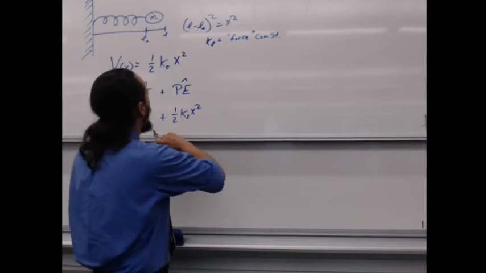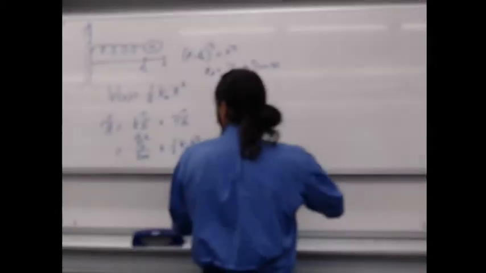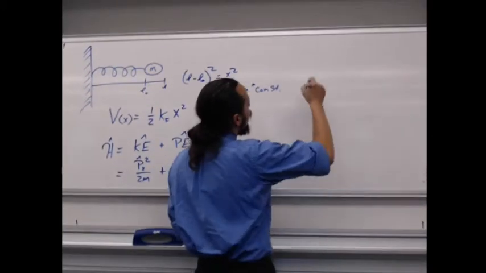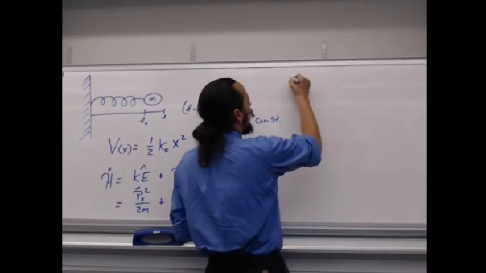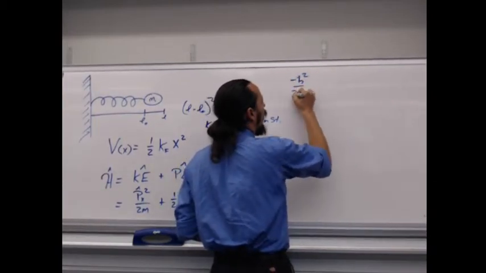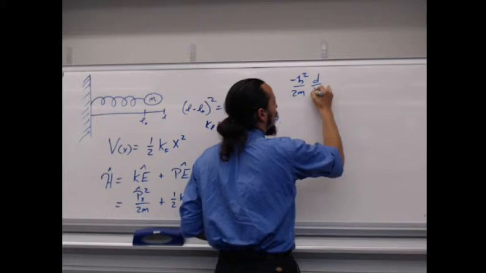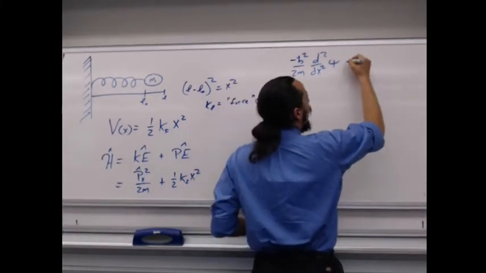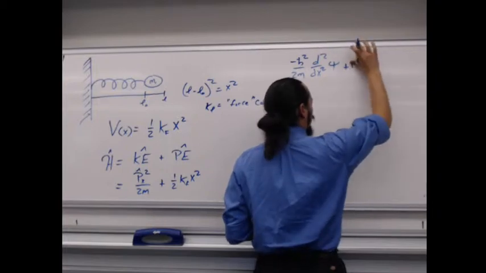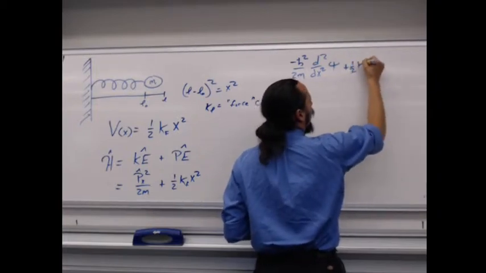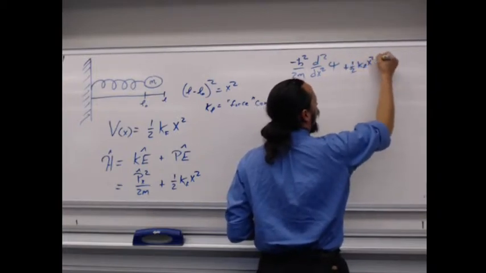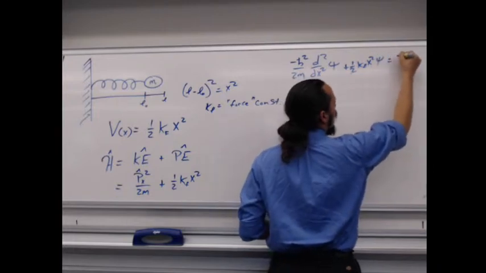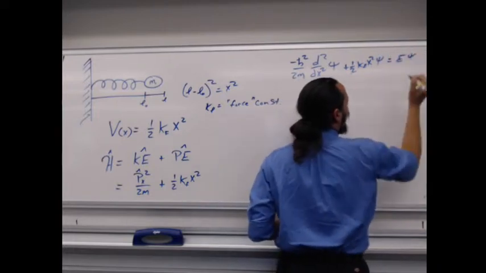If I wrote out this operator completely into the Schrodinger equation, we would have negative h bar squared over 2m d by dx squared on psi plus a 1/2 kf x squared on psi equals E on psi.